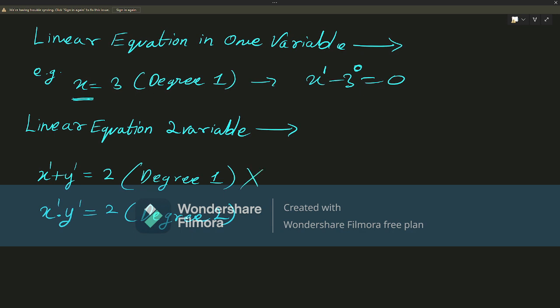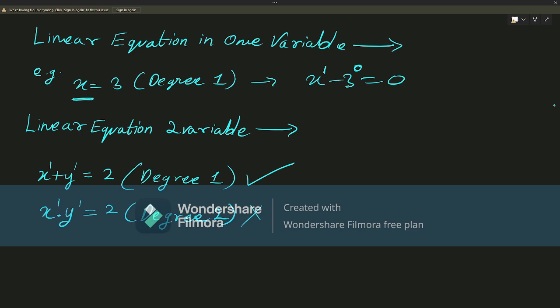So that is not a linear equation in two variables. This is a linear equation in two variables, since linear suggests that it has power 1.